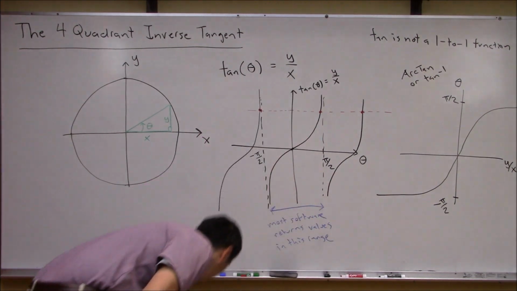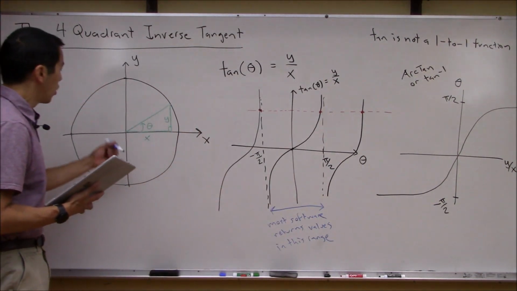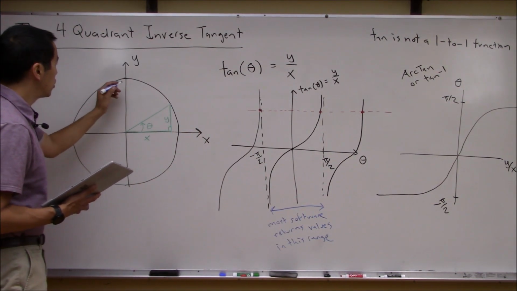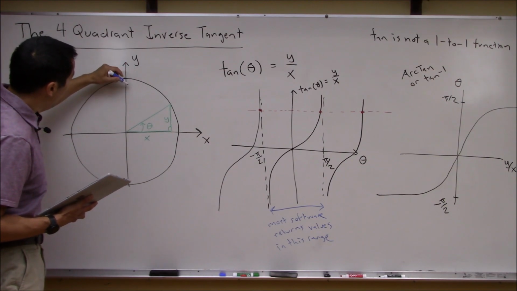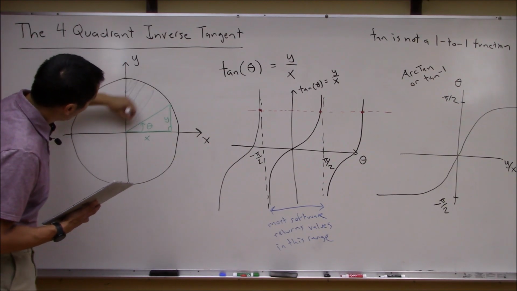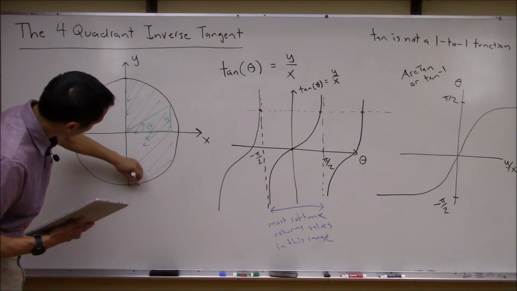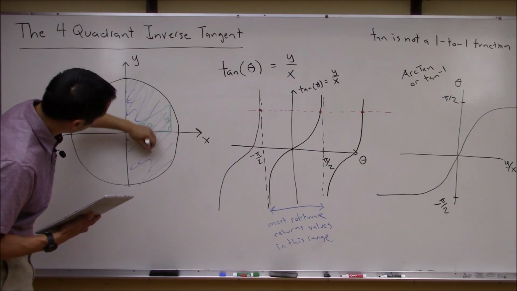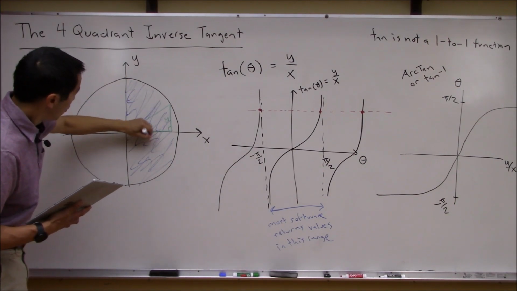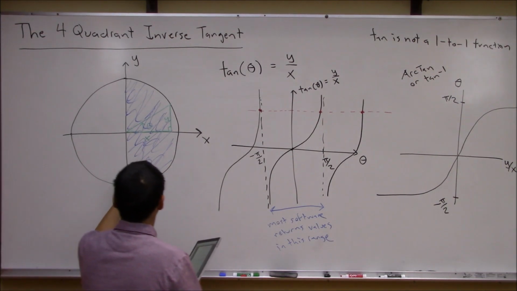Coming over here, and again, let's keep it in blue to denote this, all the arctangent function is going to do is return theta values in this top quadrant and this bottom quadrant down here that I'm coloring in blue, right? So let's just quickly note that here.